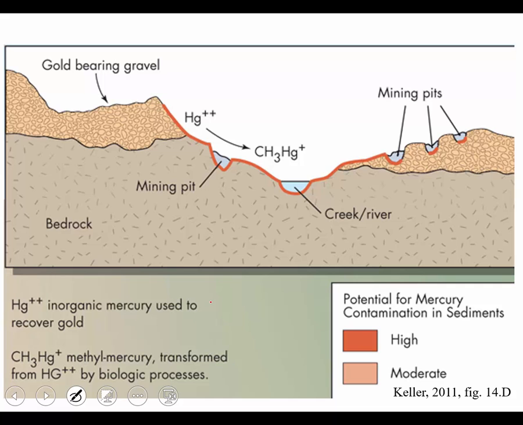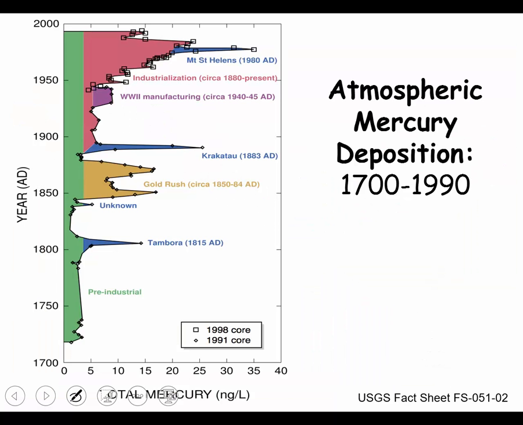The problem is that as it rinses out, it becomes a different type of mercury that's altered by biological processes. And so you have contamination from the source downstream. Okay. Actually, contamination both in the soil and in the water that's leaching from that.